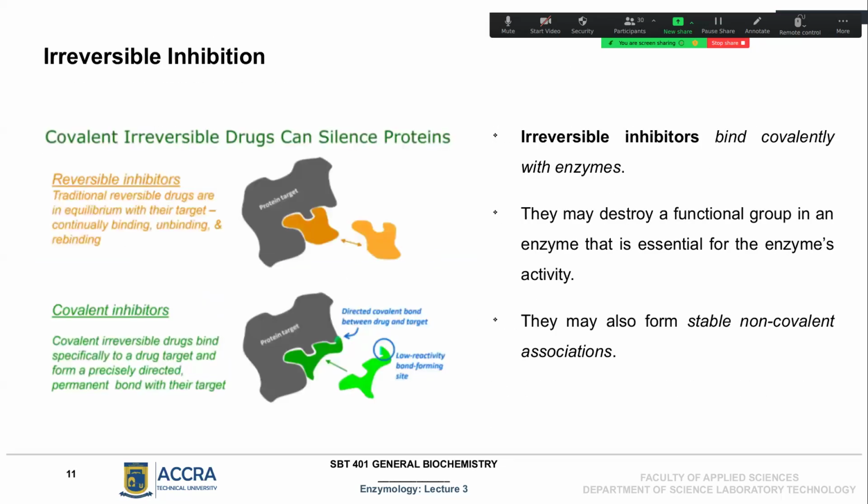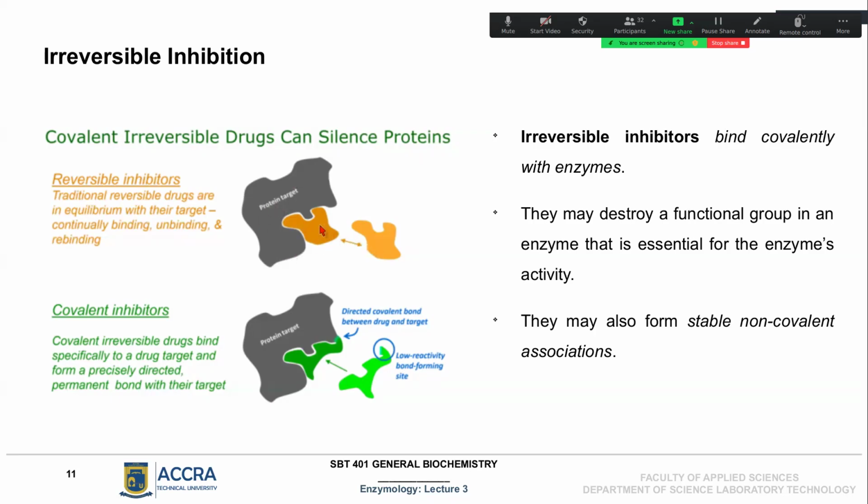Now we move on to irreversible inhibition. To compare the reversible and the irreversible inhibition, you have here a reversible inhibitor depicted in the orange color, and you see the arrow is bidirectional, meaning that the binding of the inhibitor to the enzyme, which is depicted here as a protein target, is reversible.